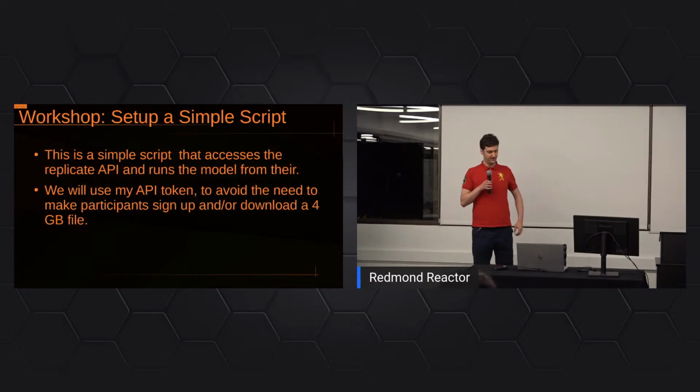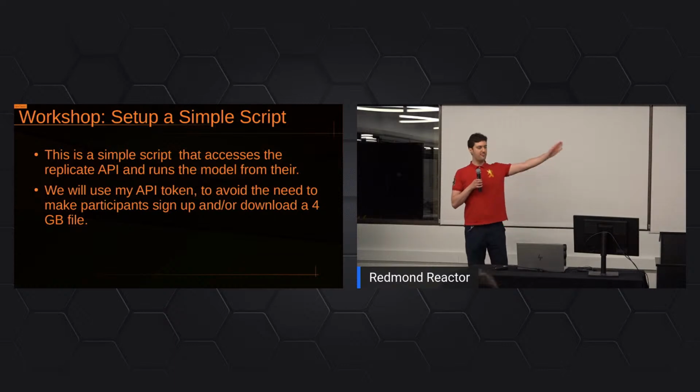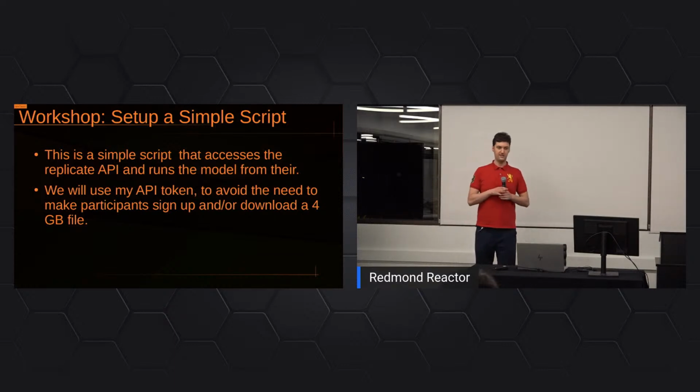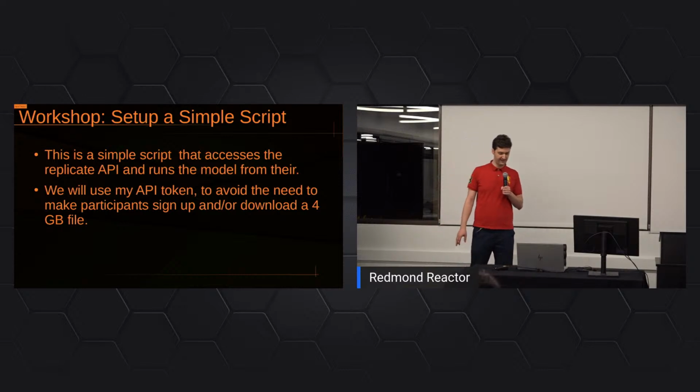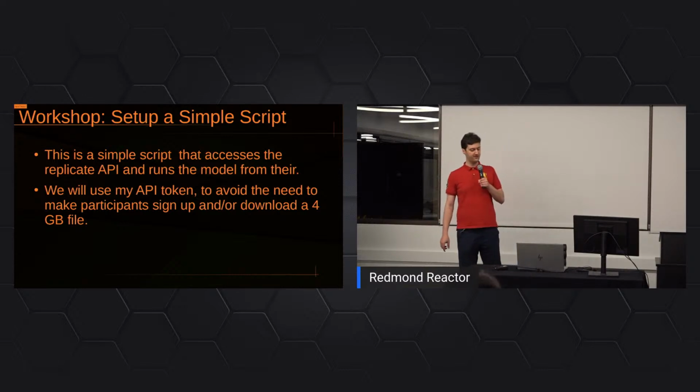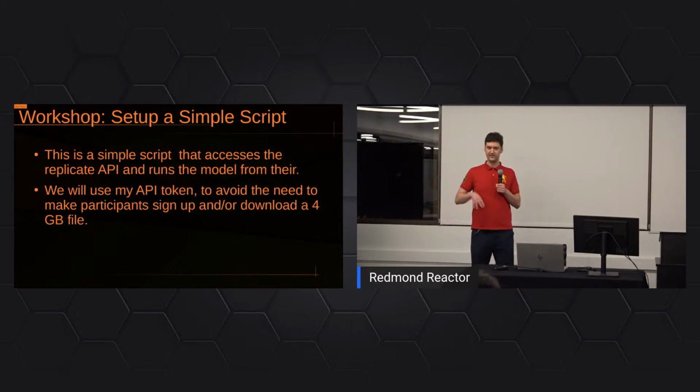Now, let's go into how you guys can use this on your own, if you so choose. We are going to set up a simple script. I'm going to show you a couple methods, and then we're going to use my API token to get it to produce a little image from a prompt.